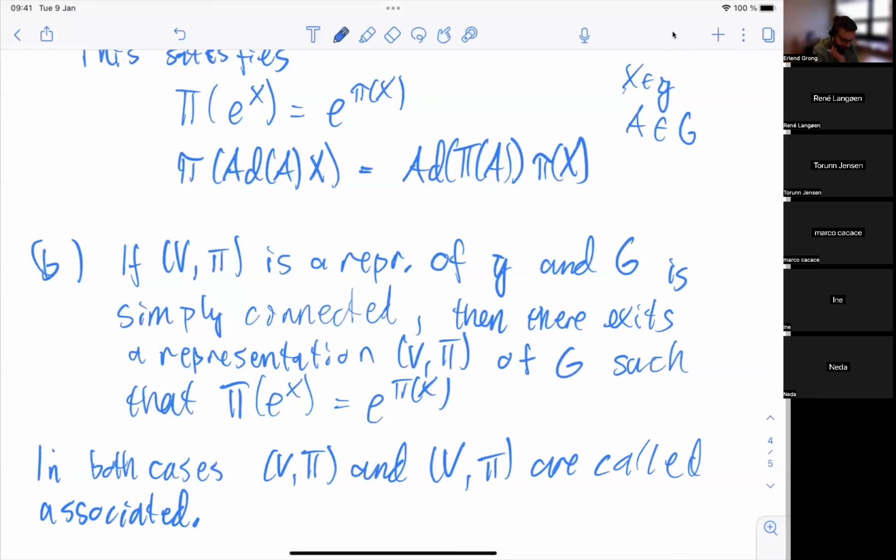So we have this relationship between representations of the group and representations of the algebras. And as I mentioned before, usually it's easiest to work with the Lie algebra because that involves just working with linear maps.